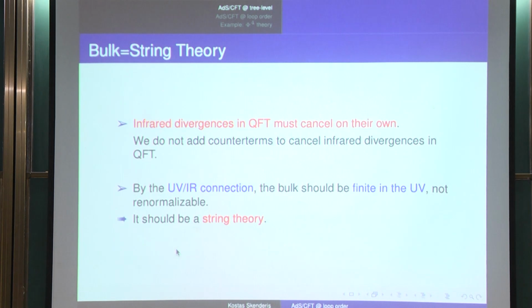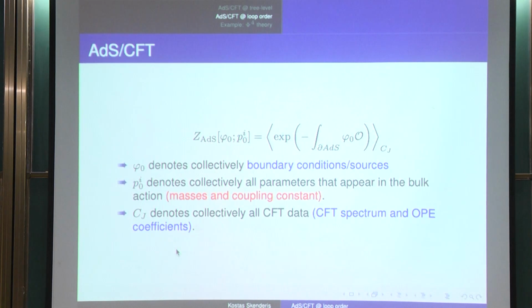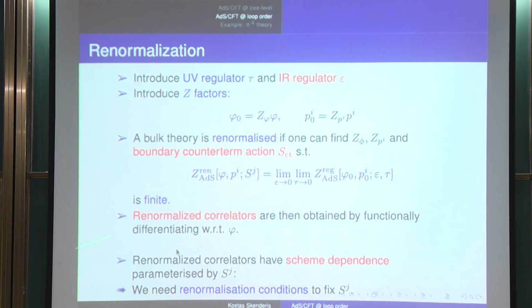But now we want to deal with bulk infinities. So we need to be able to find Z factors and a counterterm action such that if I evaluate the bulk action in the presence of regulators and use these relations, then the limit epsilon goes to 0, tau goes to 0 exists.